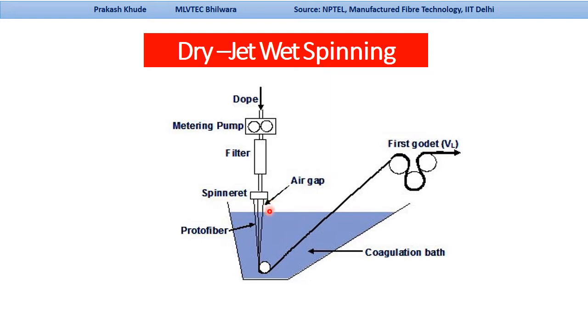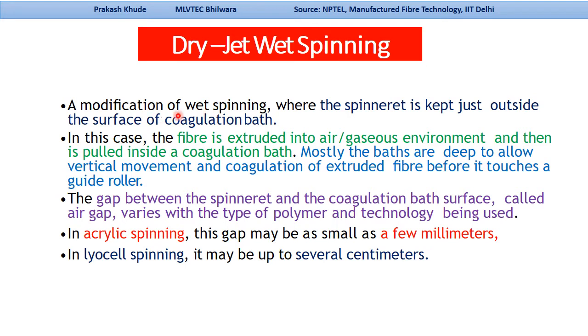So how is this air gap an advantage, and how will it change the morphology of the structure? This is just a modification of the wet spinning system, where the spinneret is kept outside the surface of the coagulation bath. In this case, the fiber is extruded into the air or gaseous environment, and then it is pulled inside the coagulation bath.